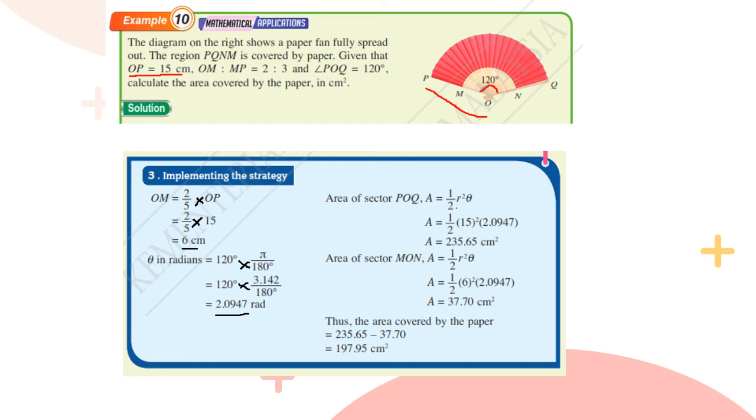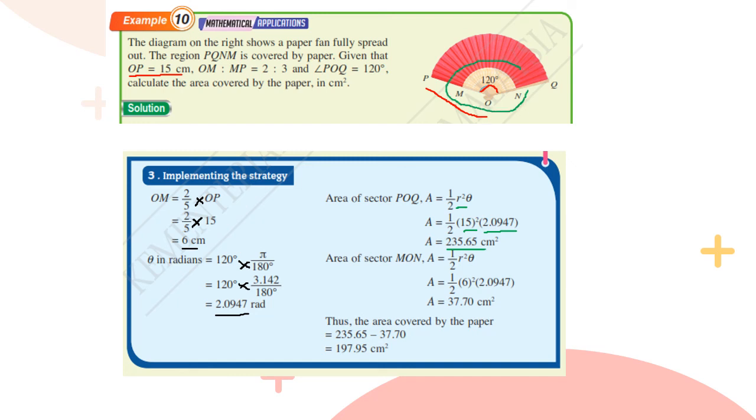The radius here is 15 and theta is the angle in radian that we just calculated, which is 2.0947, and we get the area for the paper fan 235.65 centimeter square.